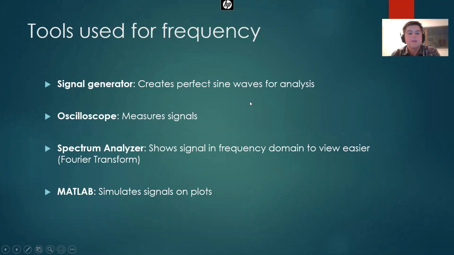So I already talked about, I didn't mention what a spectrum analyzer is. I mentioned what a Fourier transform is. A Fourier transform is transforming the sine wave into one specific frequency. So it makes it easier to see what frequencies are in that signal, because the signal that you're looking at is going to be all over the place, right?